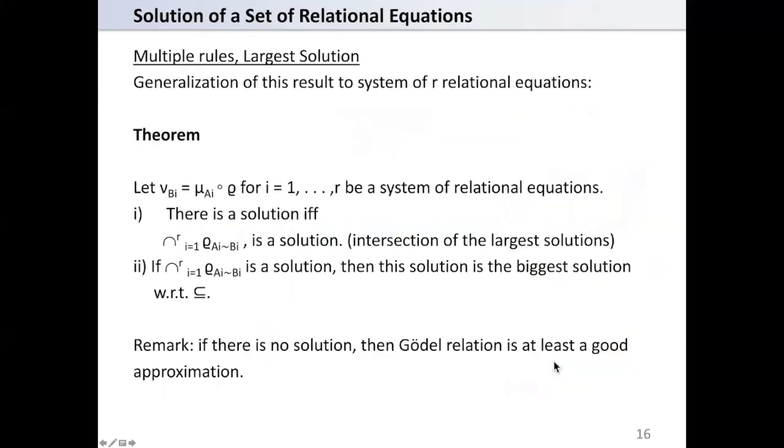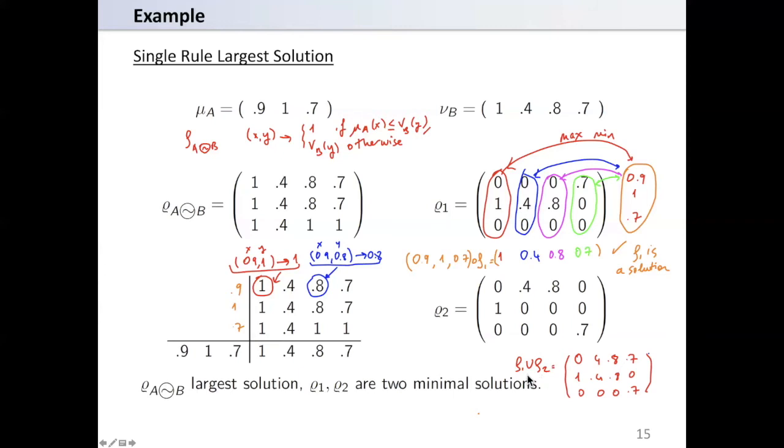Remember that here the union of row 1 and row 2 is given. Notice that in order to find the union, we have to compare the elements one by one, and we have to choose the maximum one. So in the union, we will have 0, 0.4, 0.8, and 0.7.